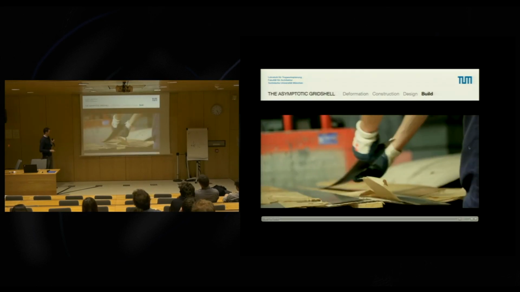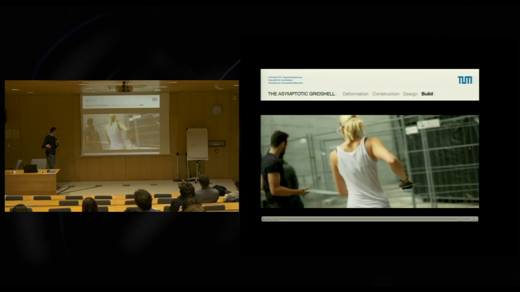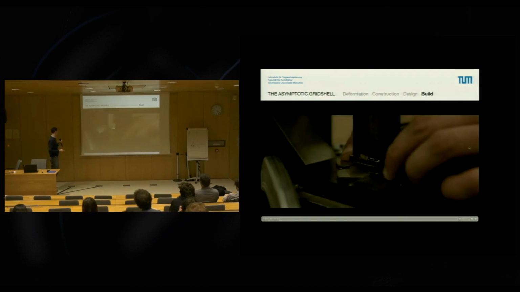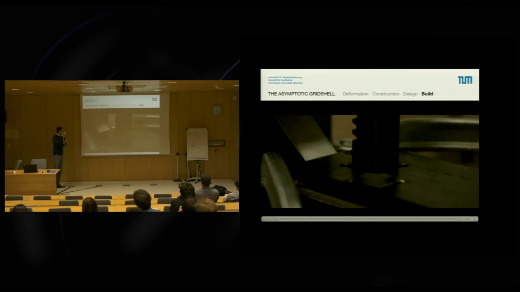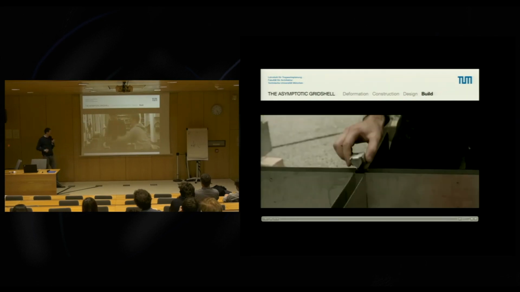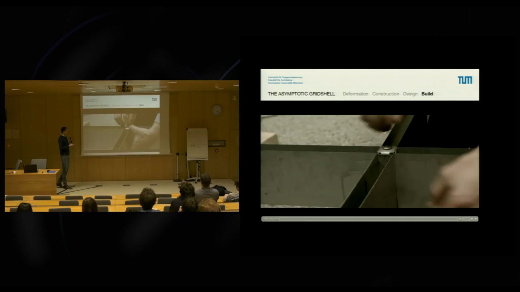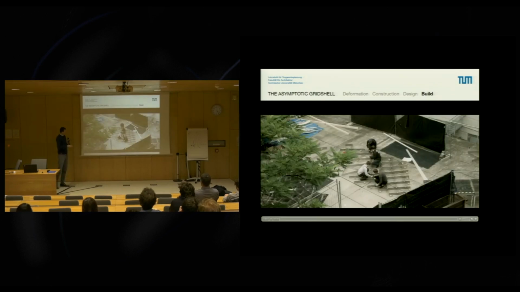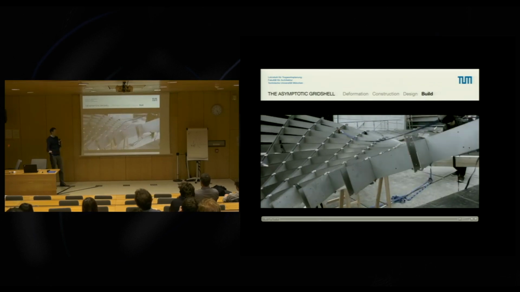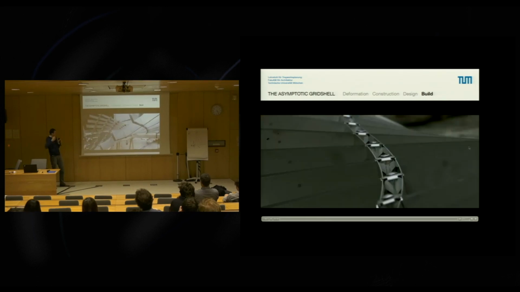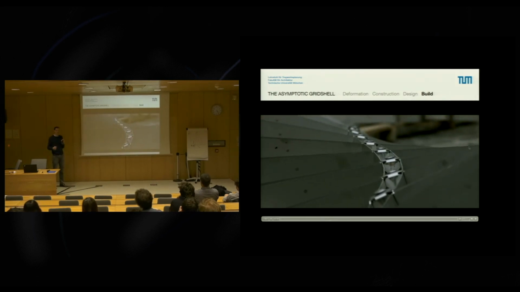And so the process of building the pavilion was quite simple. All the nodes were prefabricated identically at 90 degrees. The lamellas were slotted together by hand and then bolted together planar into 9 segments. And then we just deformed these segments into the curved geometry.